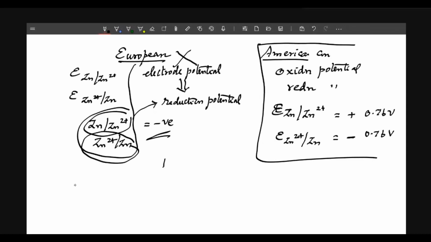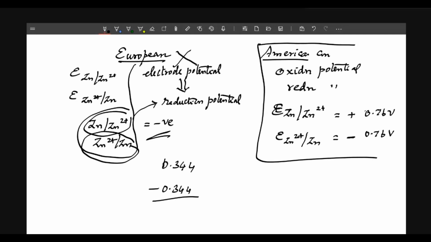If a reduction potential is given as 0.344, then its oxidation potential is minus 0.344. Similarly, just change the sign. But in the American Convention, they make use of these two conventions separately.